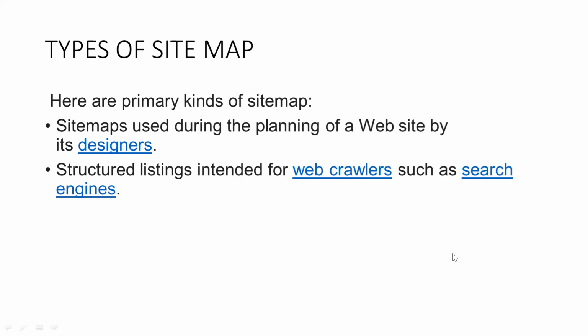The main part of web crawlers is to put the websites in a hierarchical order. Using this sitemap, the first priority will be at the top and the second priority will be second, like that.